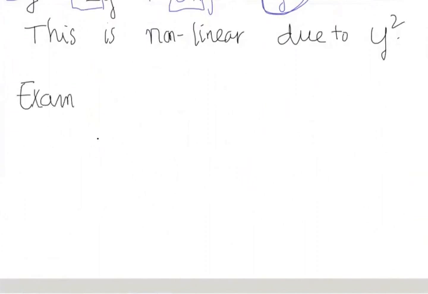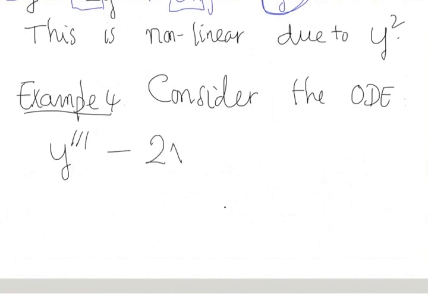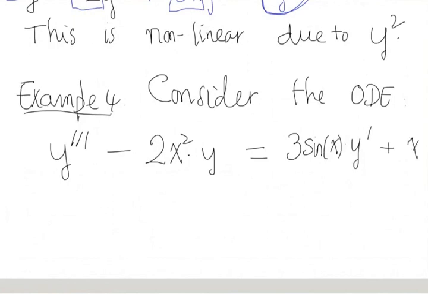Now let's look at another example. Let's consider the ODE: y triple prime minus 2x squared times y equal to 3 sine x y prime plus x cubed. Is this equation linear or non-linear?